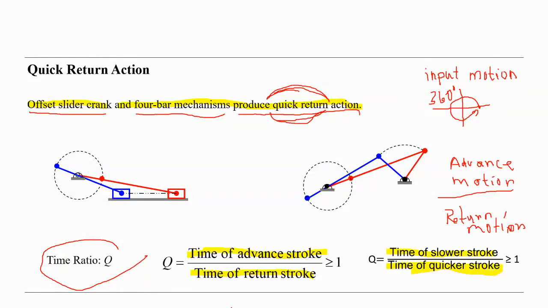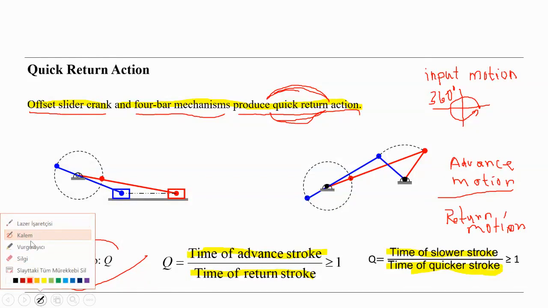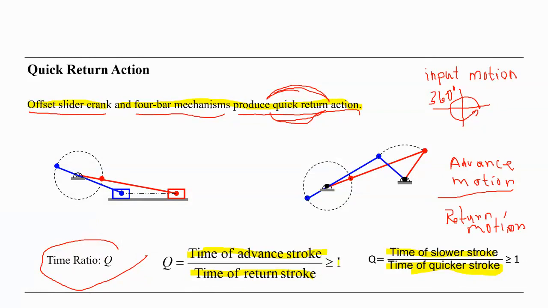Why is it so? Let's think about it. If it is equal to 1, that means the advanced stroke and return stroke are equal. That means we divide the input motion into equal parts: 180 degrees for advance, 180 degrees for return.